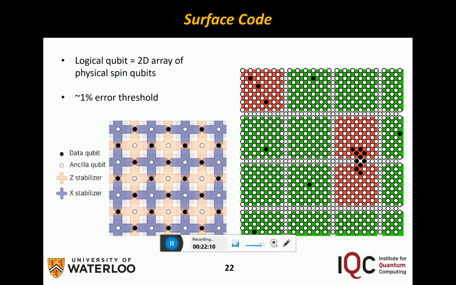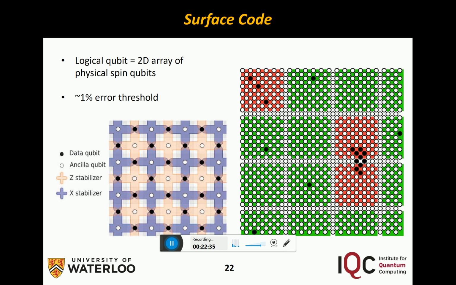And the way the scheme works is that you perform parity measurements on a group of qubits inside your 2D array. This is sort of illustrated by the two colors in the left image. And these measurements essentially allow you to detect if an error occurred during your quantum computation that you can correct, obviously.